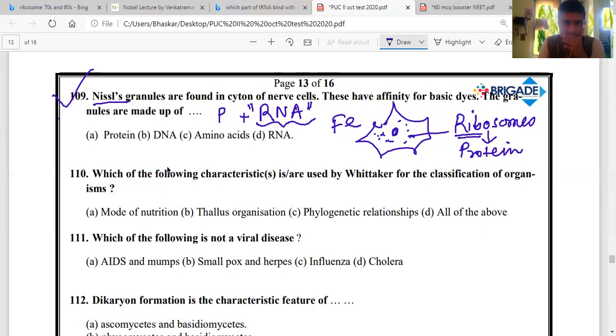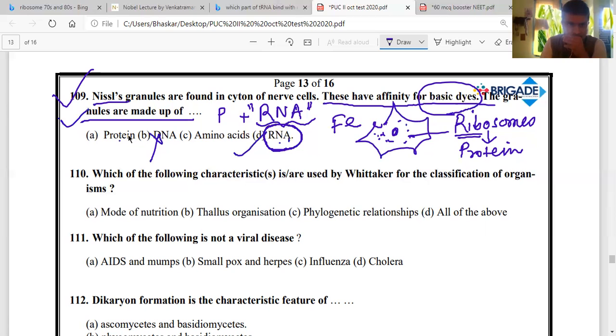So found in the nerve cell, and they have an affinity to basic dyes. Definitely you have to understand, as they have a higher affinity to basic dyes, that means they are acidic in nature. The only acid that can be present here in the structure of a protein machinery is ribonucleic acid. DNA cannot be there. So definitely your choice is this one. Otherwise, Nissl granule is the combination of ribosomes, a combination of proteins and RNA. But this question is tricky. You have to read the rest of the thing very clearly. This statement is the trigger.